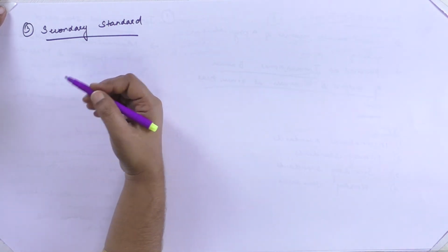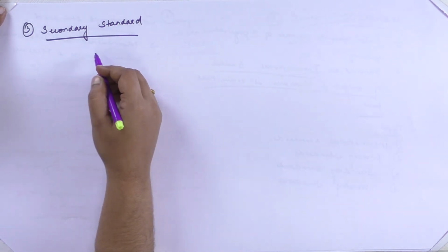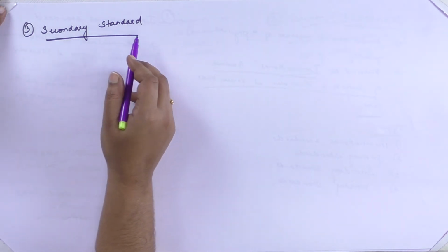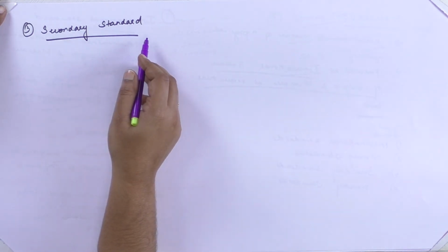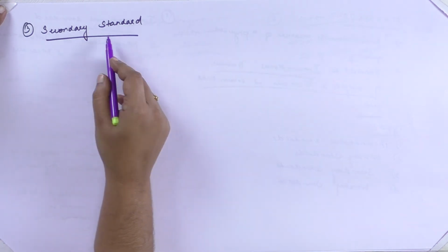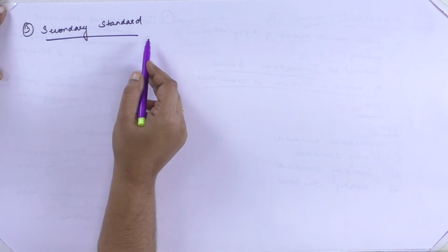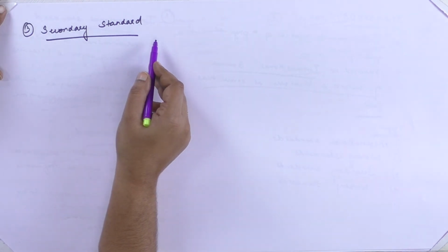As we know, the international standard and the primary standard are not available outside the labs, to protect the highly accurate primary and international standards. So the secondary standards have been formed and are maintained for the calibration of the instruments in the industries.